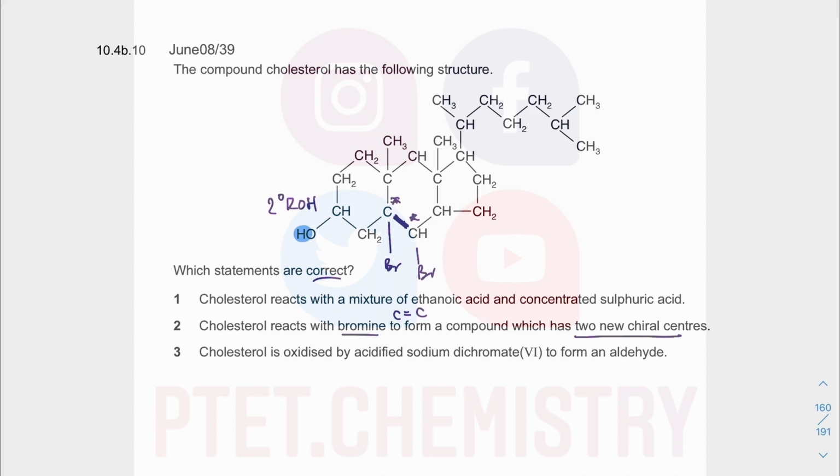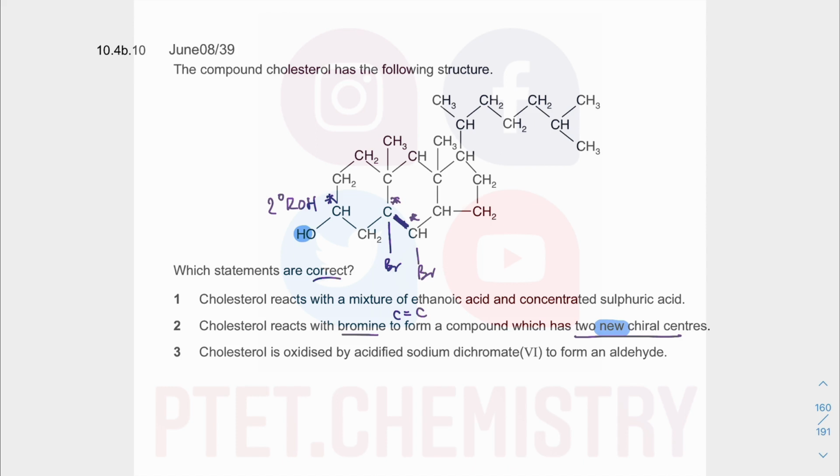And I think the key thing here is new, all right? Because originally you also have a chiral center here, okay? So that is your original chiral center. When you break this double bond and you do electrophilic addition, your final dibrominated product also has 2 new chiral centers. When you form the bromine and the bromine added across the double bond, you have 2 new chiral centers.